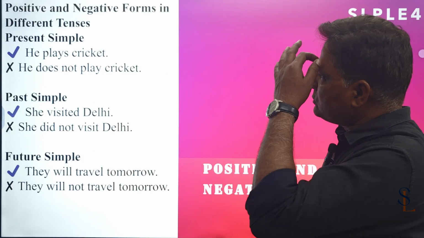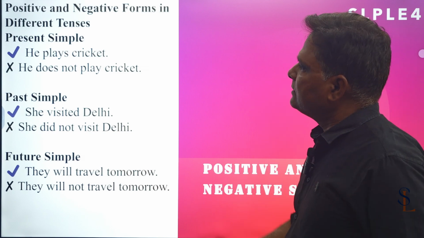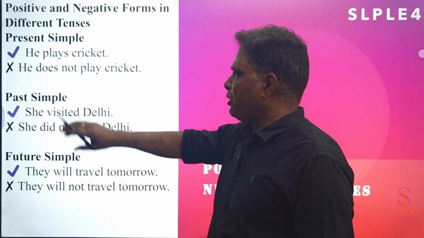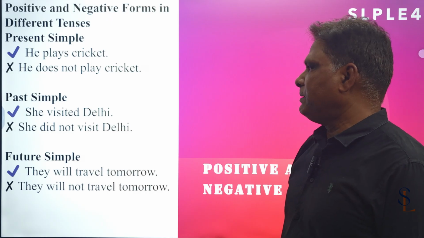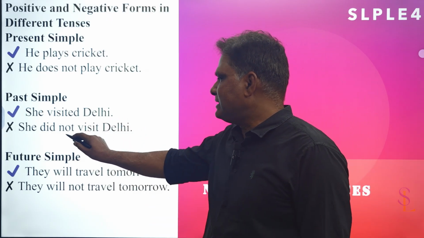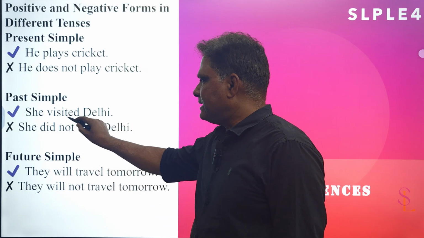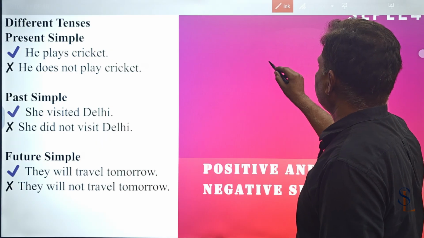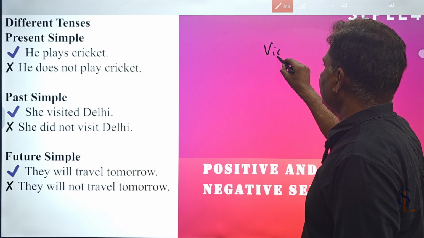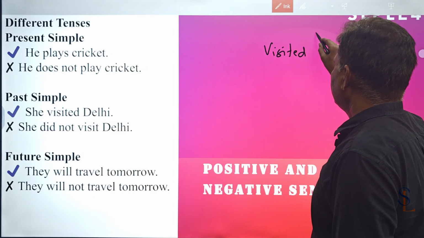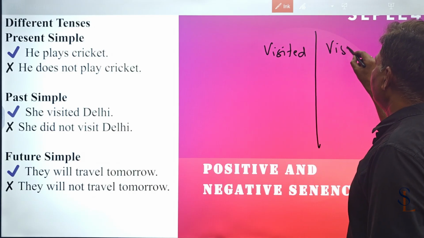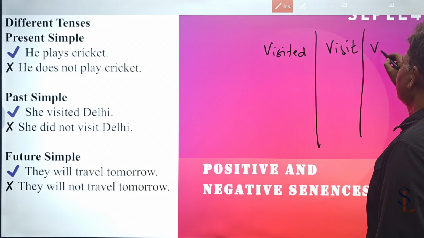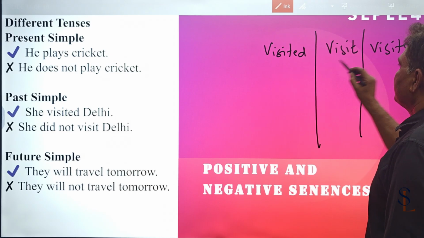Then when you take positive and negative forms in different tenses, we already got some examples. He plays cricket, he doesn't play cricket, and she visited Delhi, she did not visit Delhi, visited, past tense. Here I told you already, when you talk about visited versus visit versus visits.